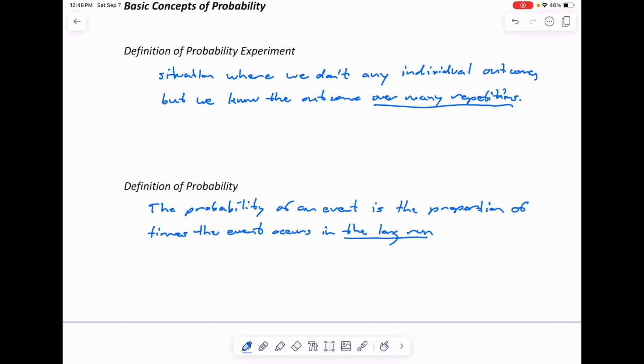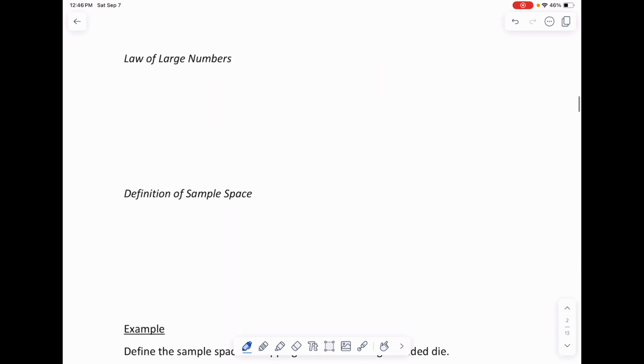Okay, a couple more definitions here. Let's talk about the law of large numbers, which is really what we've been talking about in these last two definitions.